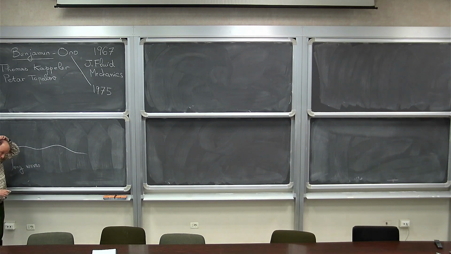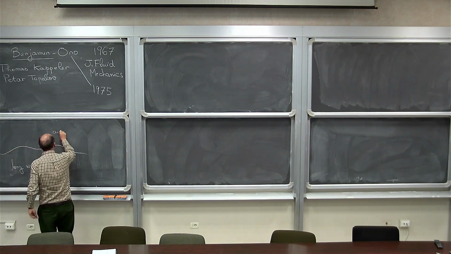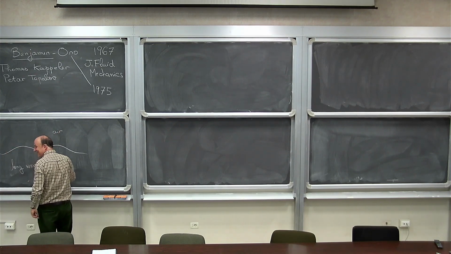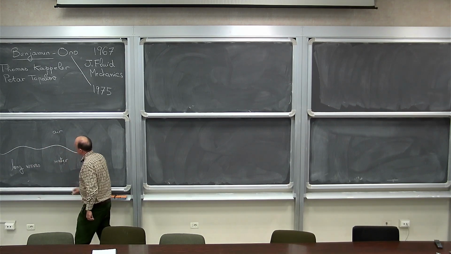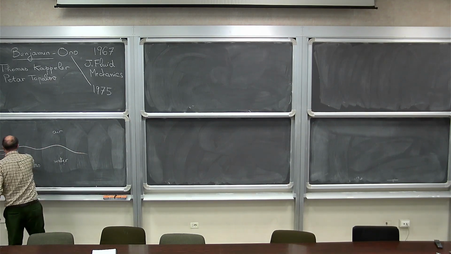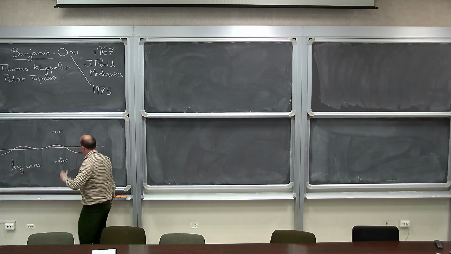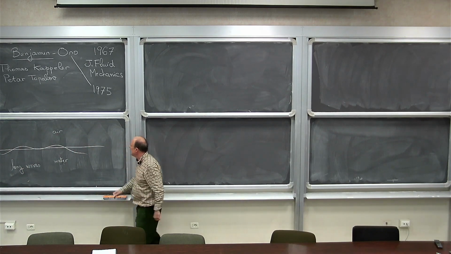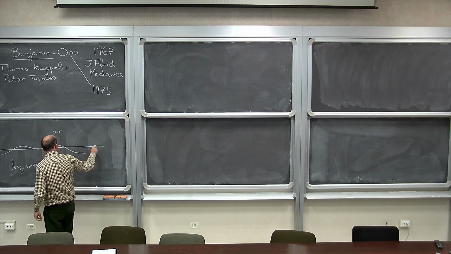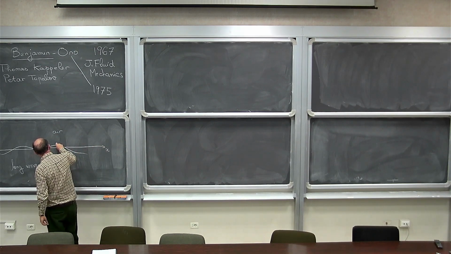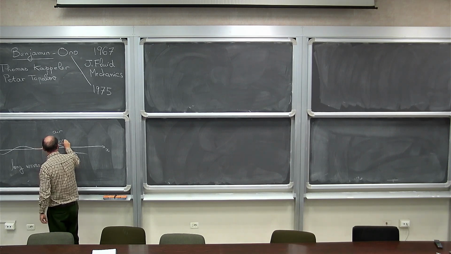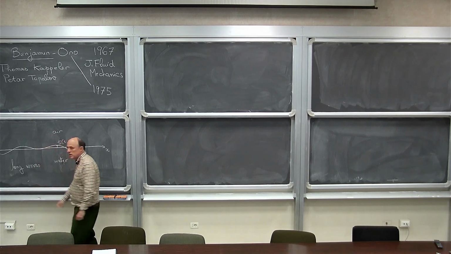So here you have typically some air, and here some water. And you look at the interface between these two fluids, and for every x here, you look at the displacement that will be, at time t, zeta of t, x. Okay.